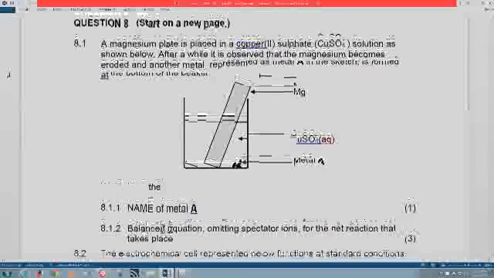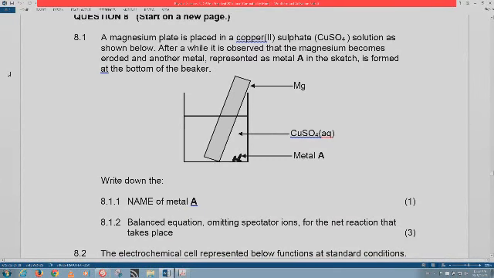In question 8, a magnesium plate is placed in a copper 2 sulfate solution as shown below. After a while, it is observed that the magnesium becomes eroded and another metal, represented by metal A in the sketch below, is formed at the bottom of the beaker.